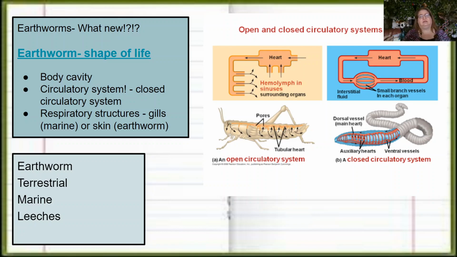The skin is going to be how they get their oxygen diffusing. The earthworm is terrestrial, but a lot of the other ones are aquatic. We have marine annelids and leeches, which will leech on and get the blood from its host.